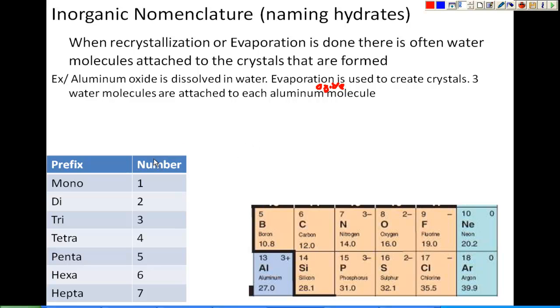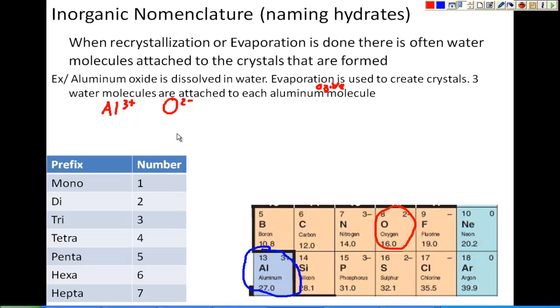So before we get started, let's just do a little bit of review and talk about aluminum oxide. So we know how to name aluminum oxide from our previous lesson. We just write the formula for aluminum. So Al is 3 plus, and we got that right from our periodic table. So here's aluminum, and it's 3 plus. We have oxygen right here, which is 2 minus. Okay. We see that our aluminum is not multivalent. It only makes one ion.